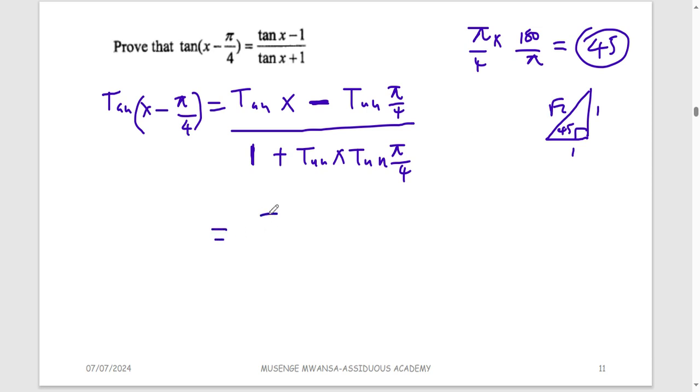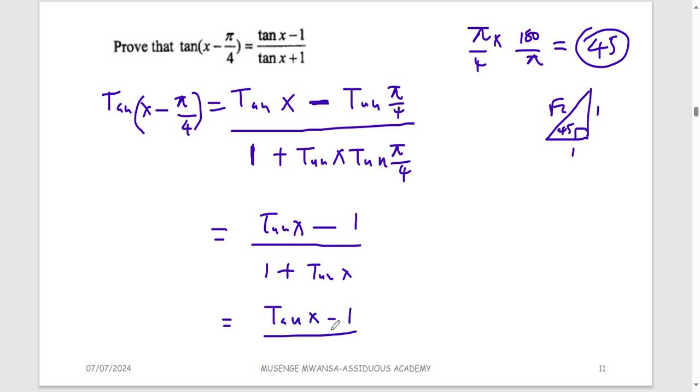So that will become tan x minus 1, divided by 1 plus tan x, where tan 45 is still 1. We can as well write this because addition is commutative, so this will be tan x minus 1 over, I can start with tan x plus 1. Hence, proven.